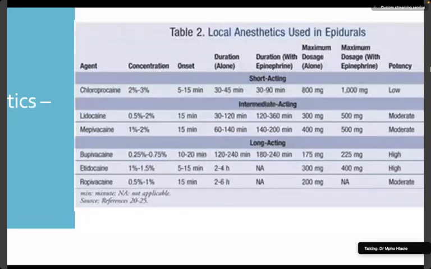Remember, the beauty of epidural is that you can give continuous medication. But with that said, you also want to check the level of blockade of your local anesthetic. At least it should be about 2 segments below before you start topping up the patient with another one.